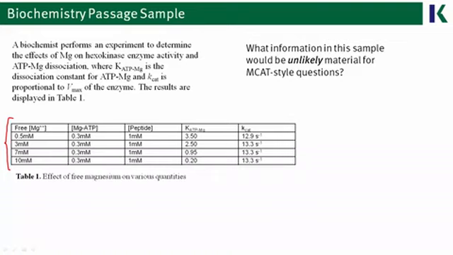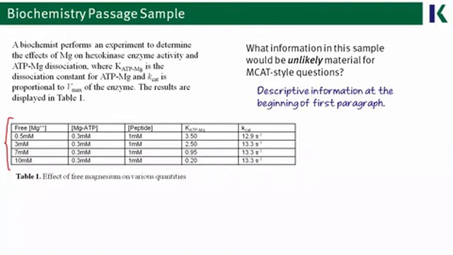In contrast, and this is the really valuable part of the read strategically step, if we know the pattern of MCAT passages, which we do and which we're going through and exploring right now, we know that we don't have to pay that much attention to descriptive information or qualitative information, historical information, everything that is not a science, everything that is not an experiment, everything that's not something a researcher tried to do, everything that is pure human level background information.